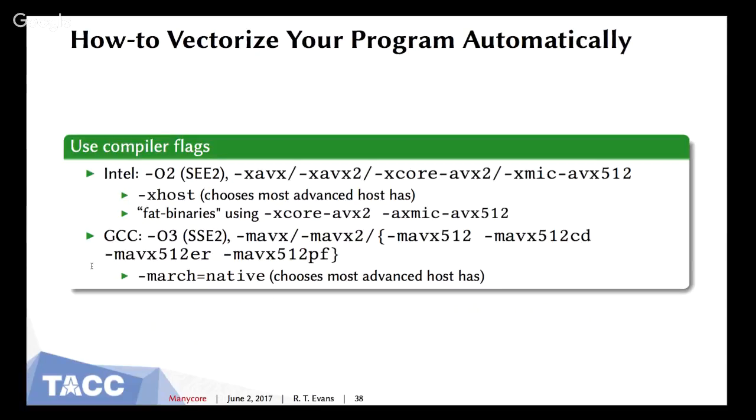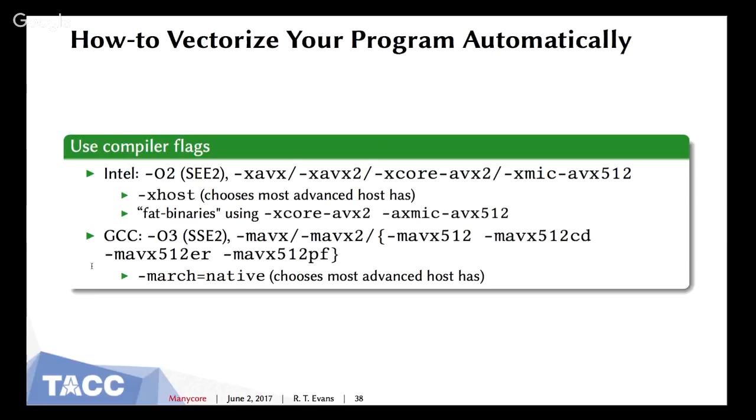And so these are the different levels of optimization for a specific architecture you can choose. Be very leery of Xhost. So Xhost basically just says, hey, compile at the highest level for the architecture I'm compiling on.